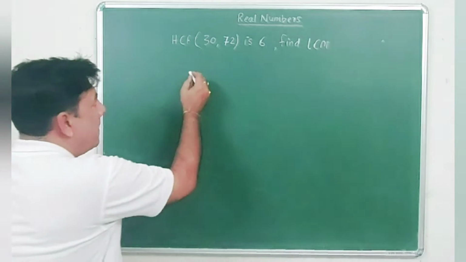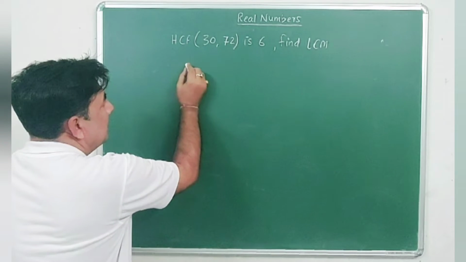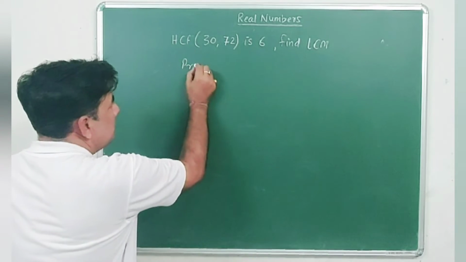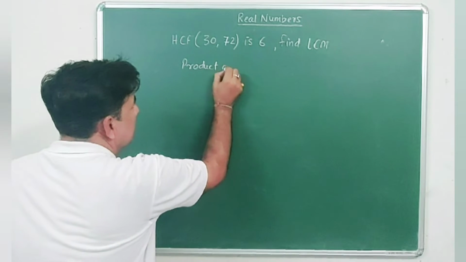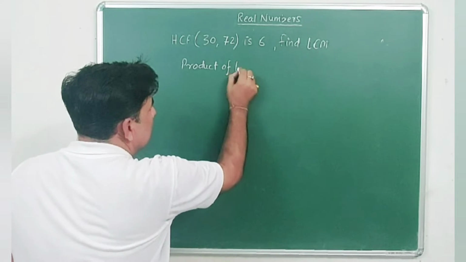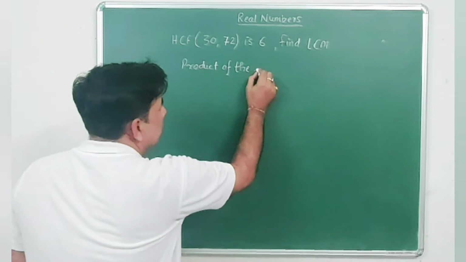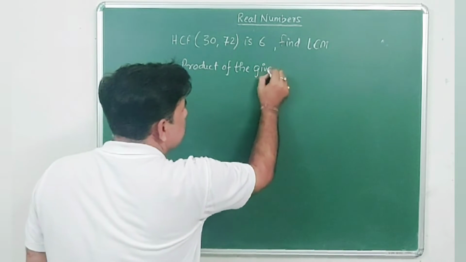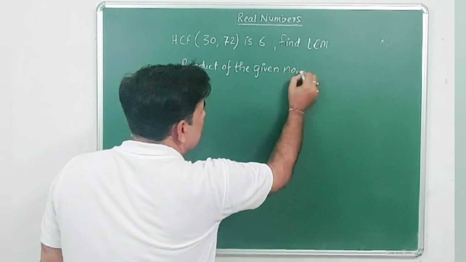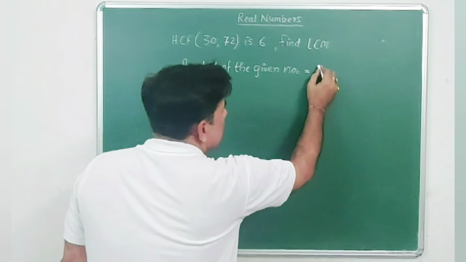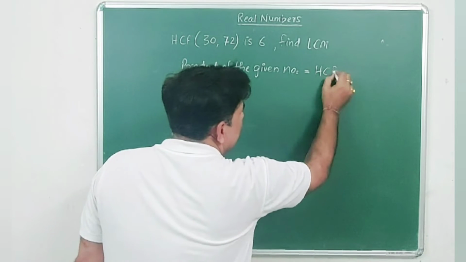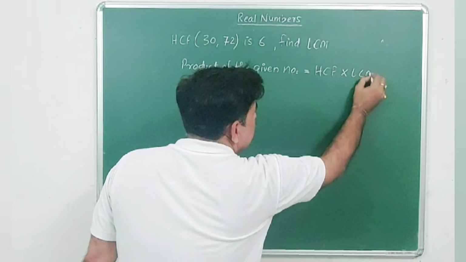Now as we know, the relation is that the product of the given numbers is equal to the product of HCF into LCM.